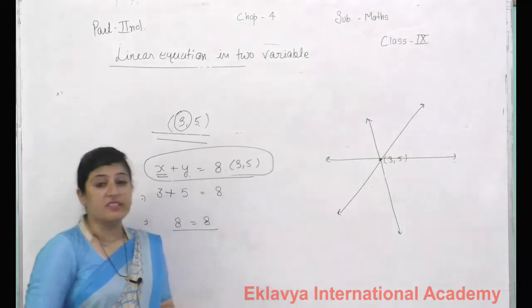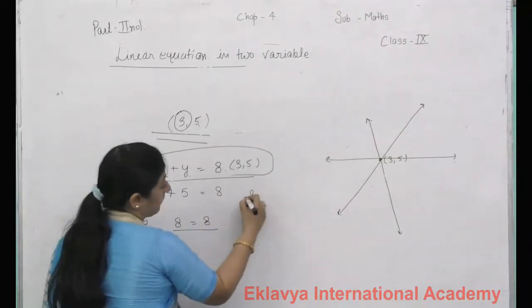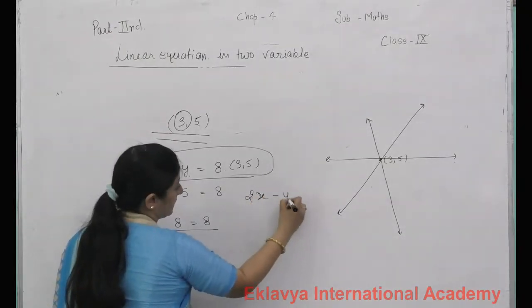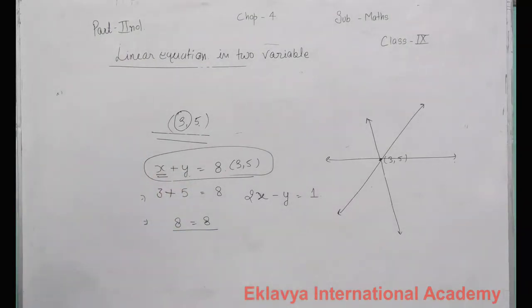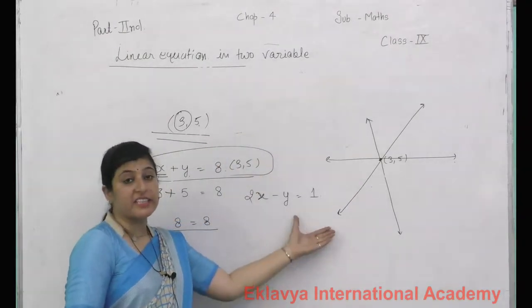This is only the first example. We can take another example. Suppose I write 2x minus y is equal to 1. Can I check whether this point satisfies this equation or not?